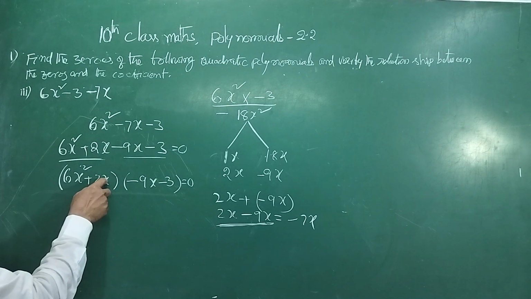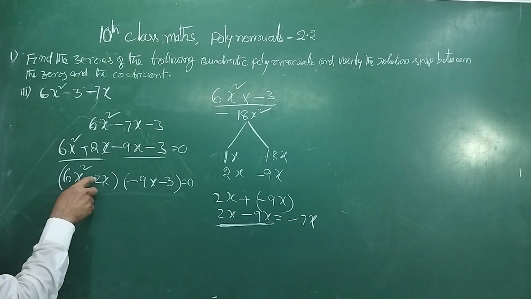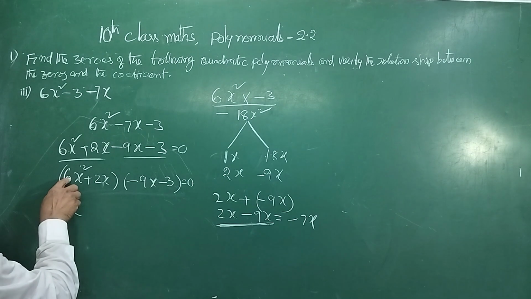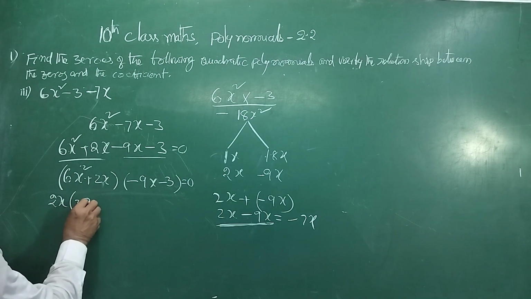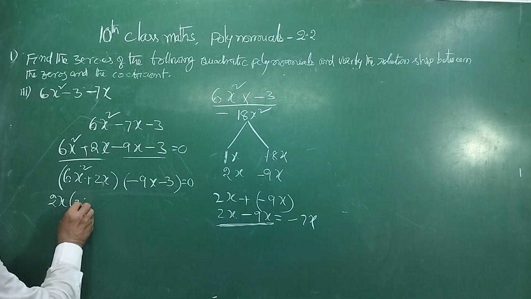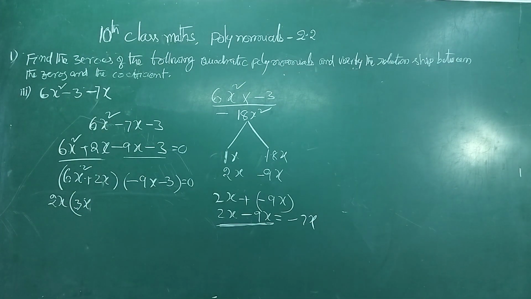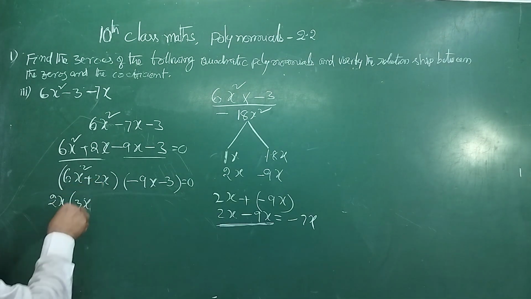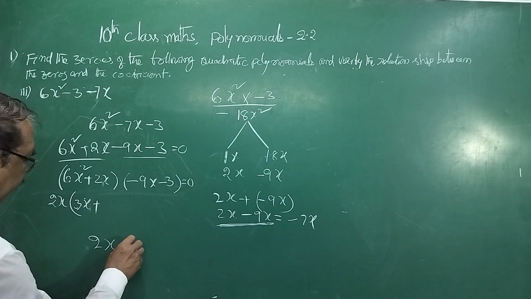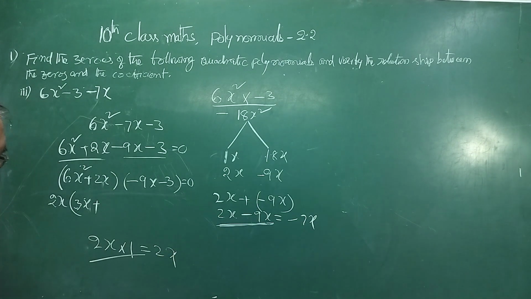In the first group, let us bring out 2x. What remains is 3x: 2 into 3 is 6, x into x is x square. 3x we brought out, and the plus symbol is there. Next, in the second group, what is common? 2x into 1 is equal to 2x.